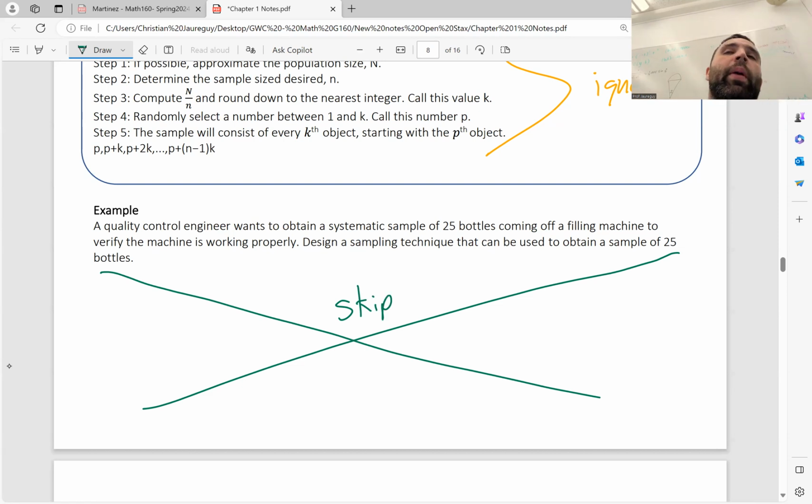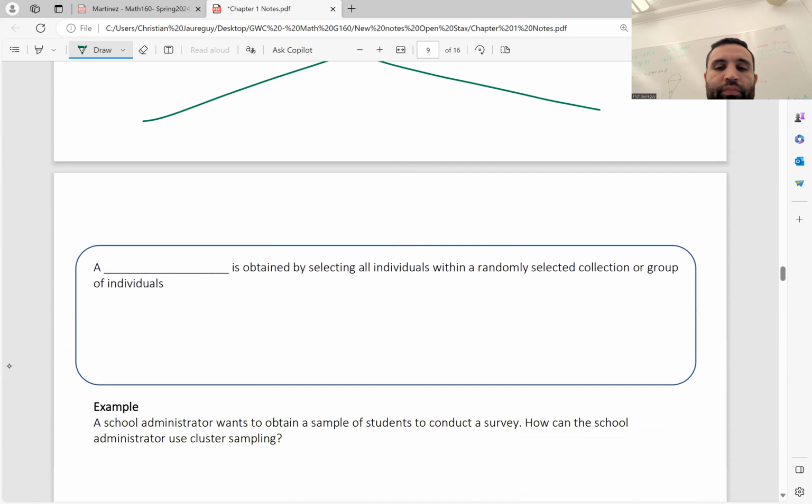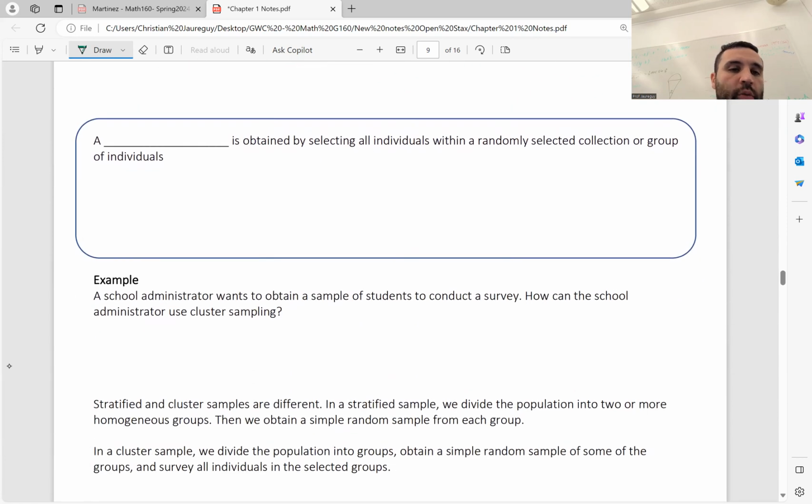What we're really going to need to be able to do is just recognize, hey, are they taking every 10th thing? Cool, systematic, right? This is a multiple choice question we're talking about. The next one is a cluster sample. A cluster sample is obtained by selecting all the individuals within a randomly selected collection.